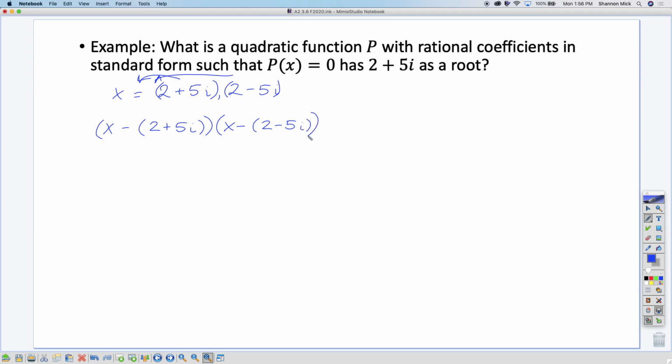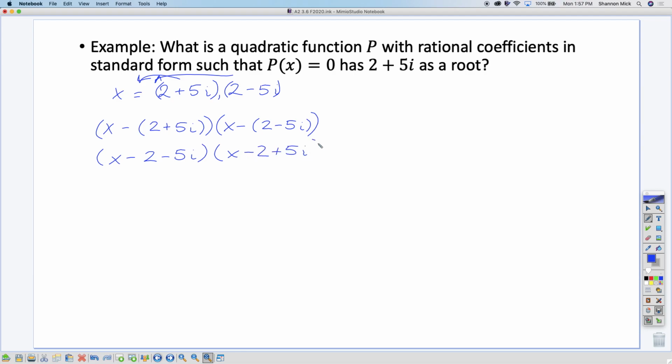Now what? Distribute the negative. So I will have x minus 2 minus 5i and x minus 2 plus 5i.